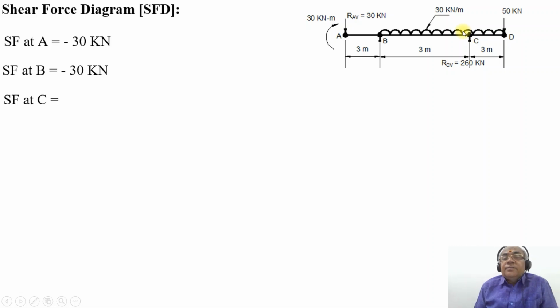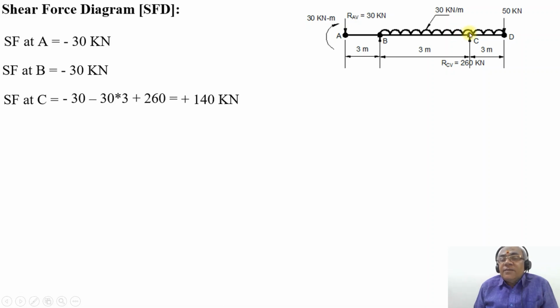So SF at C will be minus 30 into 3, because only up to the point of UDL you consider, which is minus 90, and that gives minus 120 kilonewton, SF at C just on the left hand side.